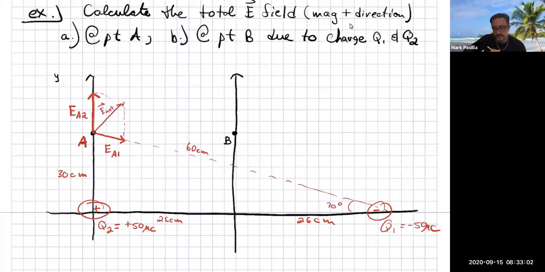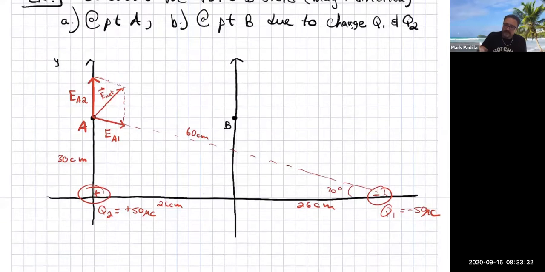Again, chapter 3, Giancoli, tip to tail method or parallelogram method. So very similar to how we did forces, the electric force. We would sum up the forces due to Q1 and Q2 in the X and Y dimensions. That's it. So let's go ahead and attack that.